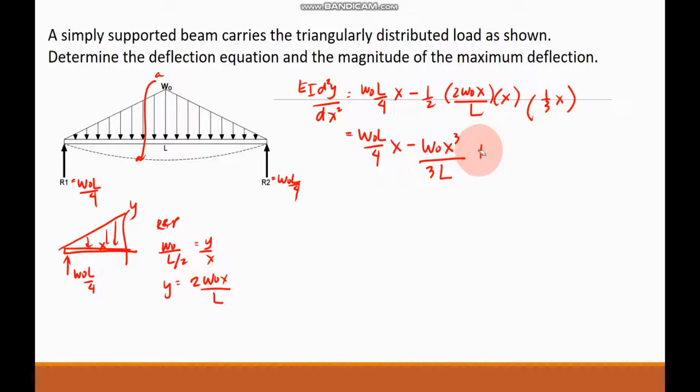And then, next is we have here our slope equation. So, dy all over dx. We have WL all over 4 X squared all over 2.